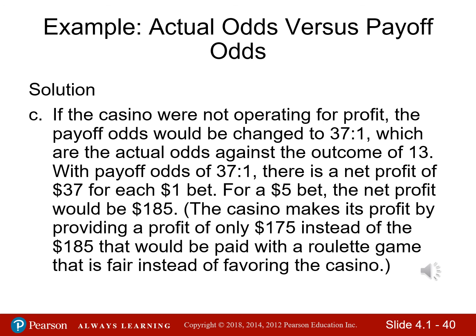So for a bet of $5, the net profit would be $185 for the bettor. The casino makes its profit by paying only $175 to the gambler instead of the $185 that would be paid if the roulette wheel were fair instead of favoring the casino.